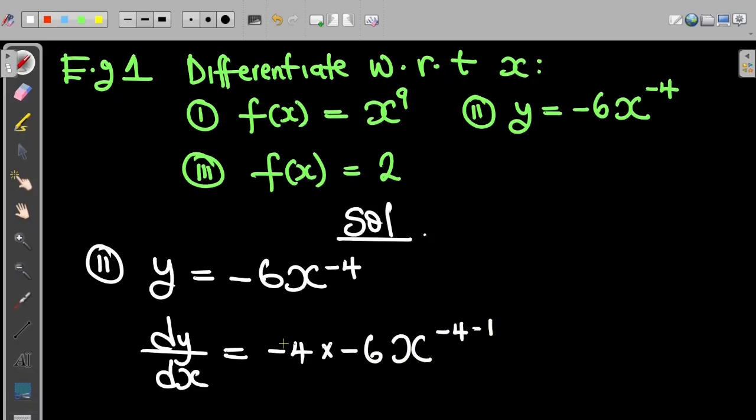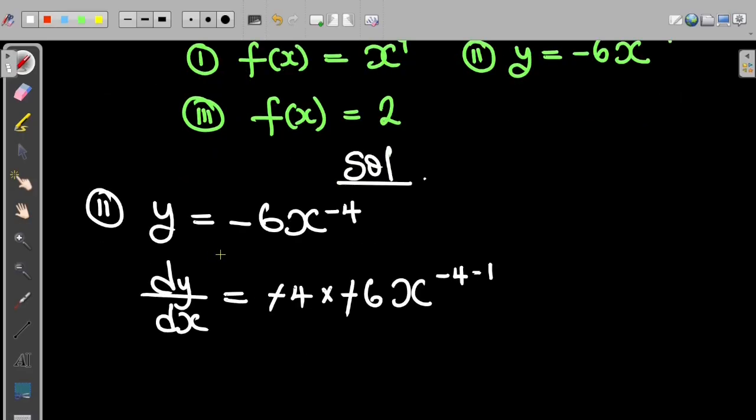At this point, minus and minus will cancel out. 4 times 6 is 24, multiplied by x. The index, minus 4 minus 1, is minus 5. So therefore, dy over dx is equal to 24 multiplied by x to the power of negative 5.